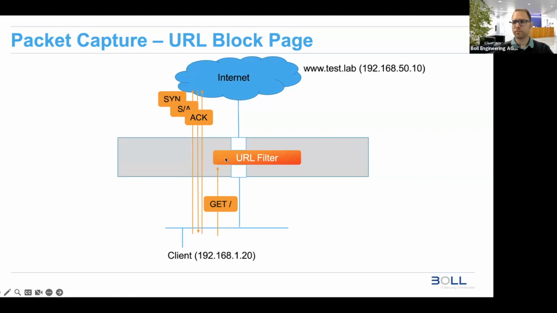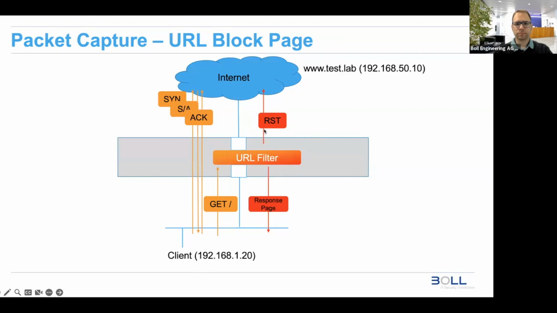So what the firewall is now doing, it's doing two things. First of all, it's sending the response page to the client, and it's sending the reset packet to the web server. Because without the reset packet, the web server will still have the session opened here, and it needs to be timed out.